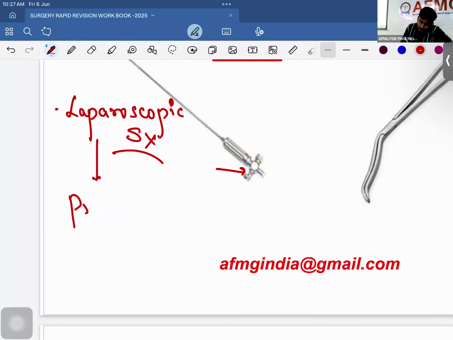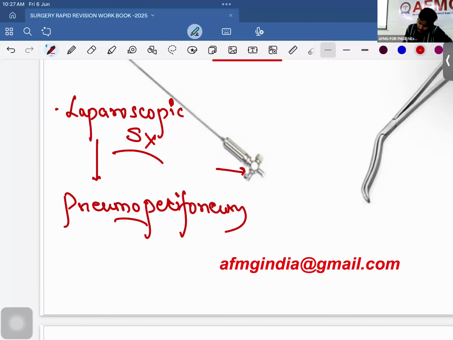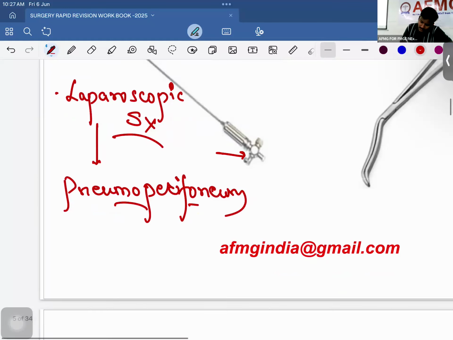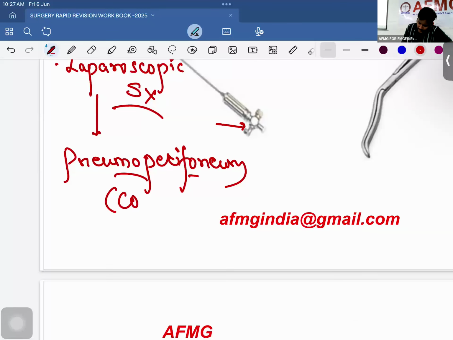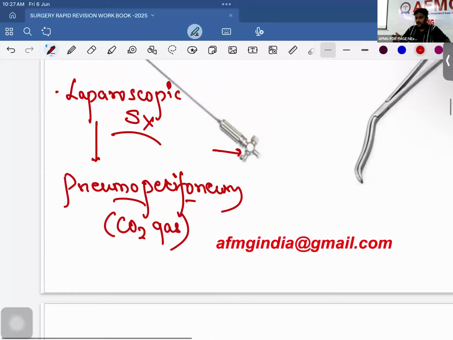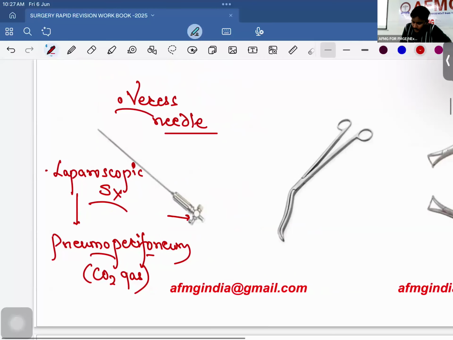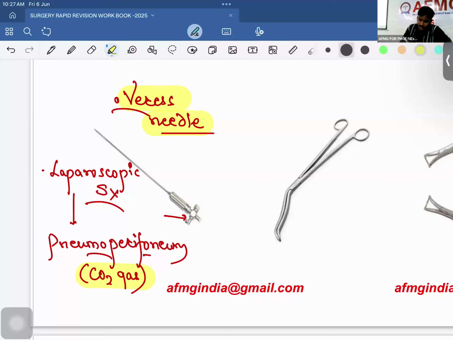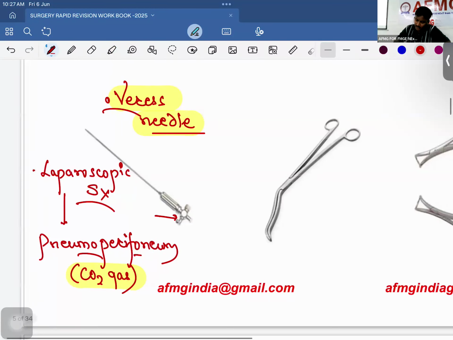We know in a laparoscopic surgery, beta, we have to create pneumoperitoneum by insufflating the gas within the abdominal cavity or peritoneal cavity. And the gas that is inserted is CO2 gas, beta, that is a carbon dioxide gas. Okay, so please remember the needle used for creating pneumoperitoneum is Varus needle, and the gas used to create pneumoperitoneum is carbon dioxide gas. That is what is important to be remembered.